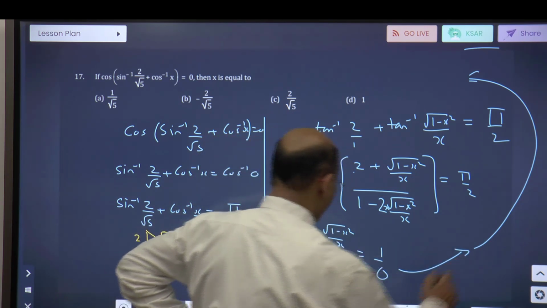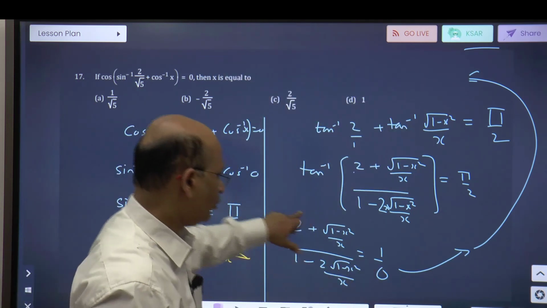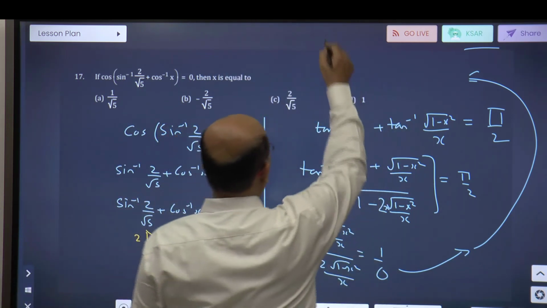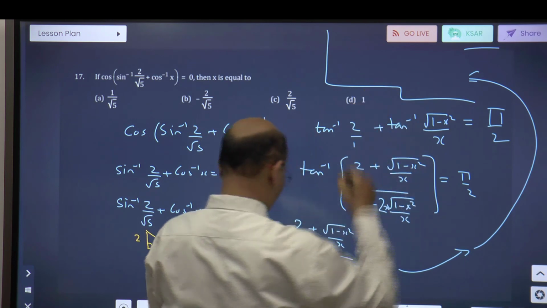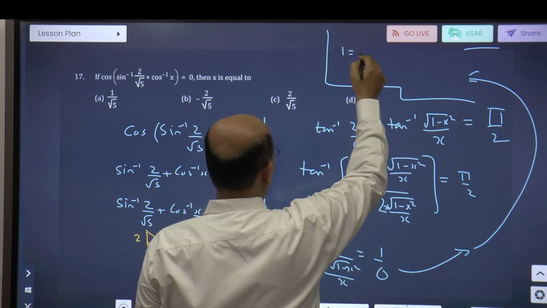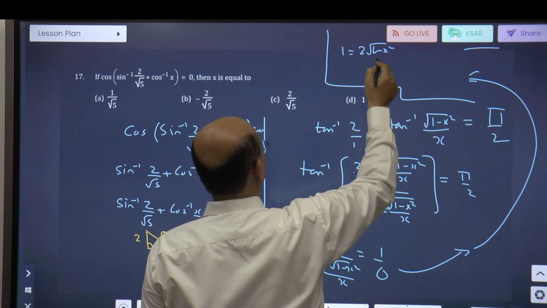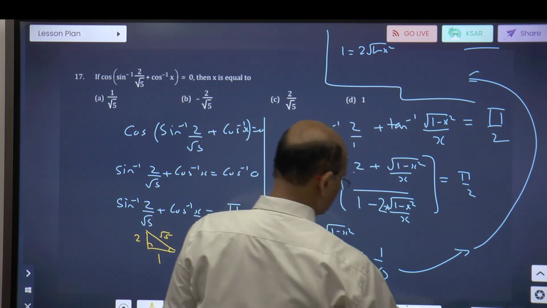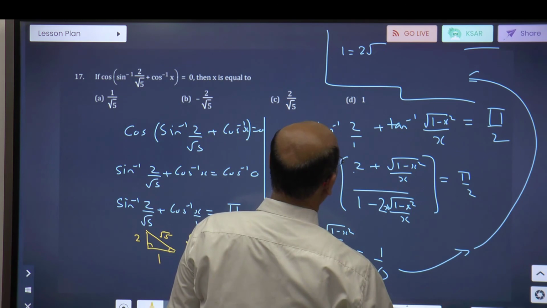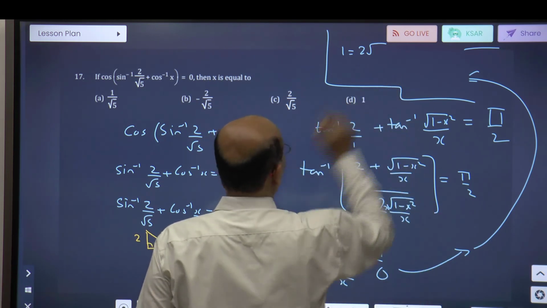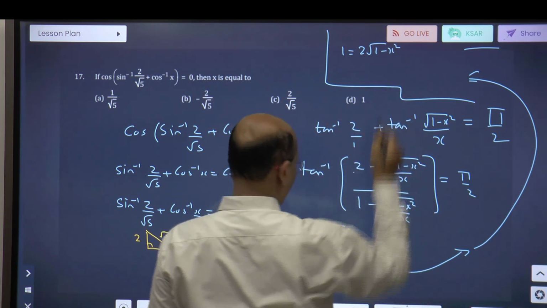So now I'll just take it and cross multiply. 0 into this will be 0, and eventually this will be left out with this thing. So 1 is equal to 2 root 1 minus x square upon x.